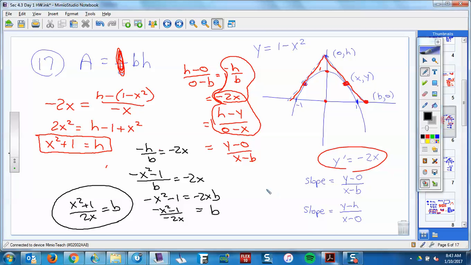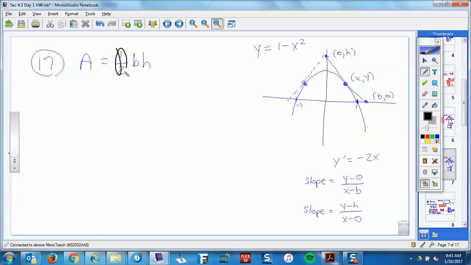Okay, so what we end up with, if I go over to my other page, is a is equal to, and then what was b? b was x squared plus 1 over 2x times, and then h was x squared plus 1.